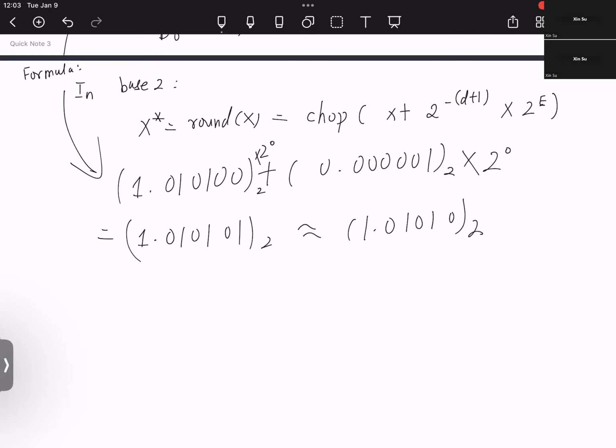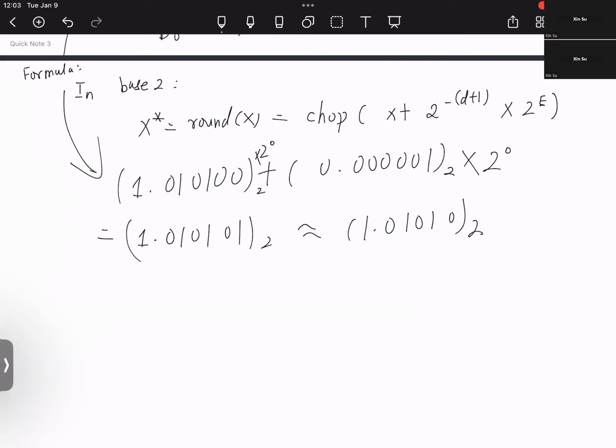And then you don't need to know how to round it up or round it down here. You just need to chop all the things after the 5 places. Chop, truncate it, and discard it after the summation. This is another way to know how to round it up or round it down.